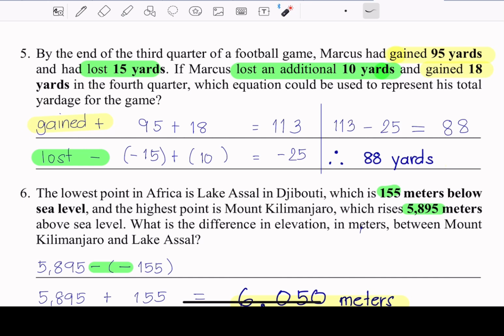So negative 15 and negative 10 should be negative 25. And that's the number we have to subtract from 113. That is why we have 113 minus 25, and it gives us 88. Therefore, the final answer should be 88 yards.